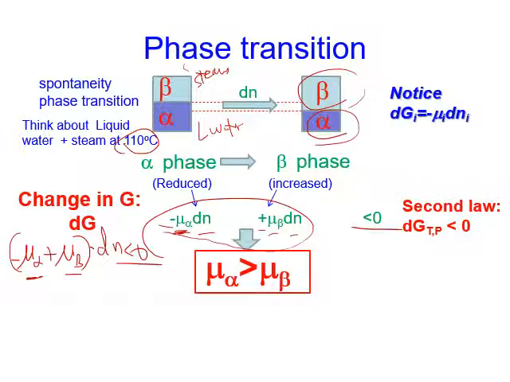In other words, if you have a spontaneous change from alpha to beta, alpha must have a higher chemical potential. So alpha has high chemical potential, and the decrease of Gibbs energy in alpha is more than the Gibbs energy increase in the beta phase. And that ensures total Gibbs energy decreases.